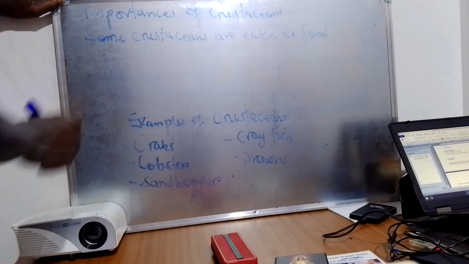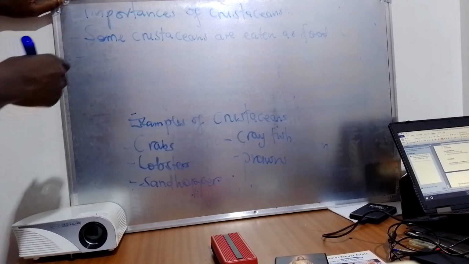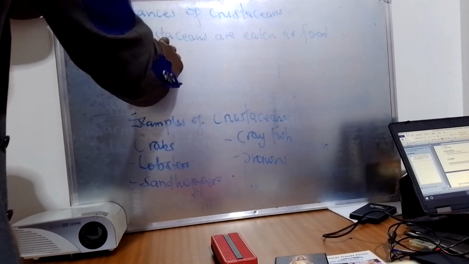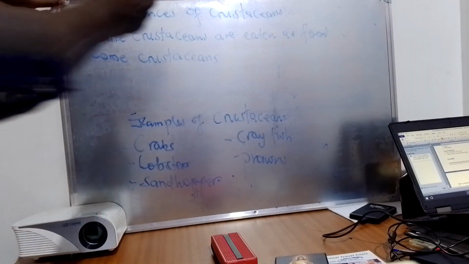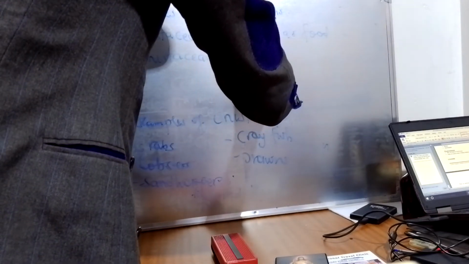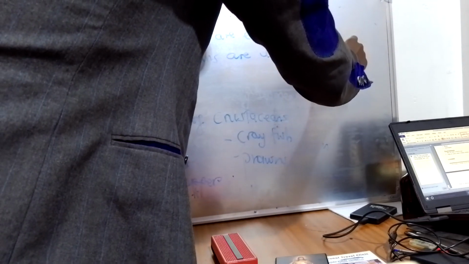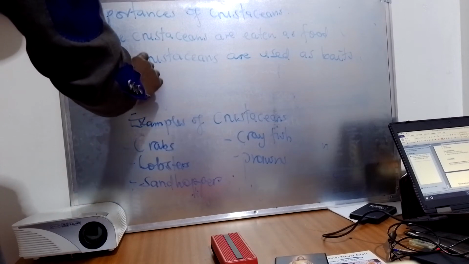Others are used as baits in the fishing industry. Some crustaceans are used as baits in the fishing industry.